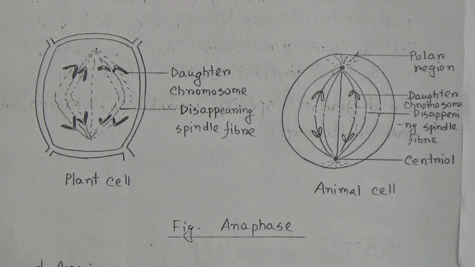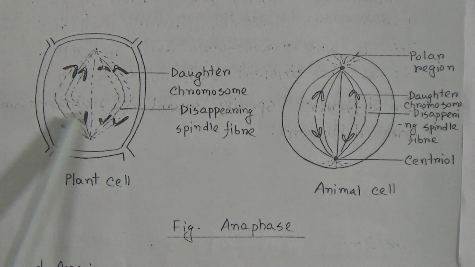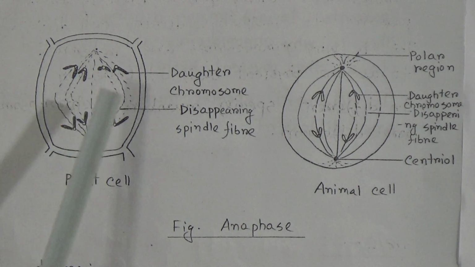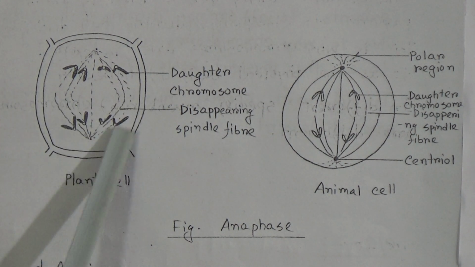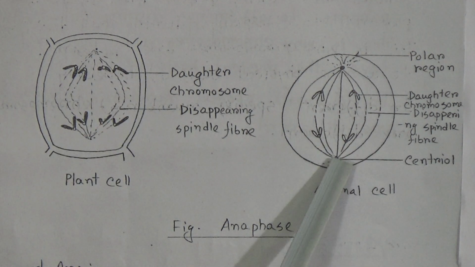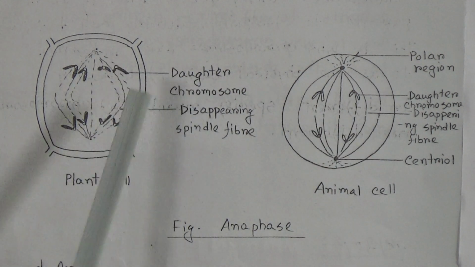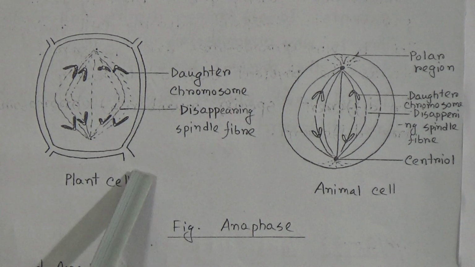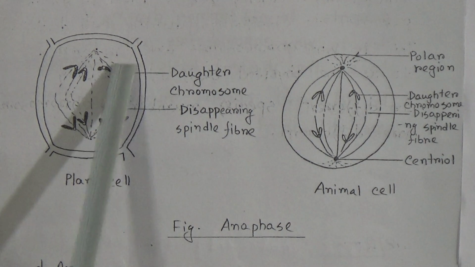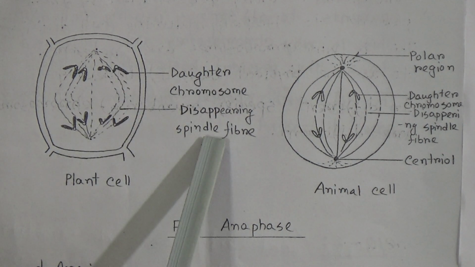From here we can see that the centromere of the chromosome is split, so two independent daughter chromosomes each with its own centromere are formed. See here the centromere is formed. And number 2, the chromatids get separated from each other. At this stage each chromatid is called daughter chromosome.